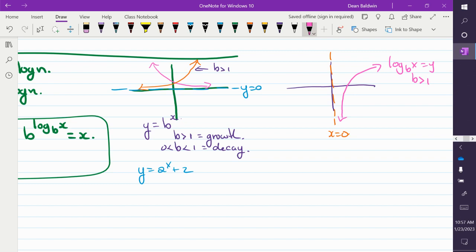I should have drawn it in orange because it's the inverse of the growth curve. And then the pink one is the inverse of the decay curve, which means it's a logarithmic decay. So that's log base b of x equals y, but b is between 0 and 1, so it's a proper fraction.